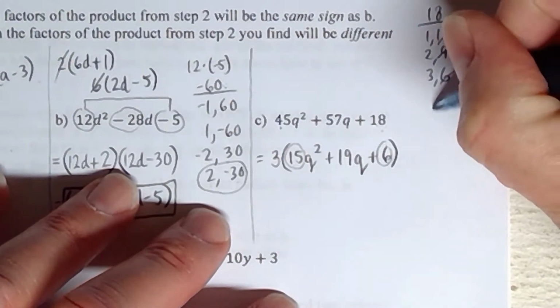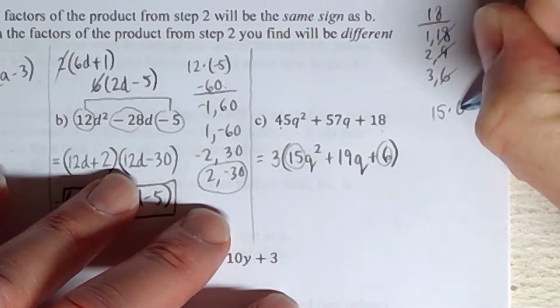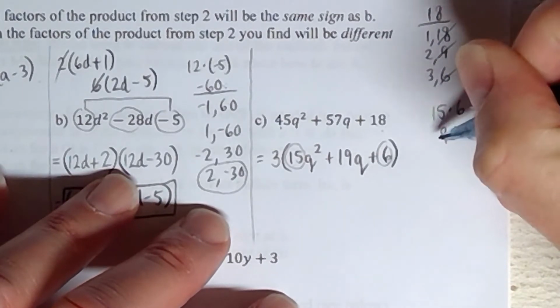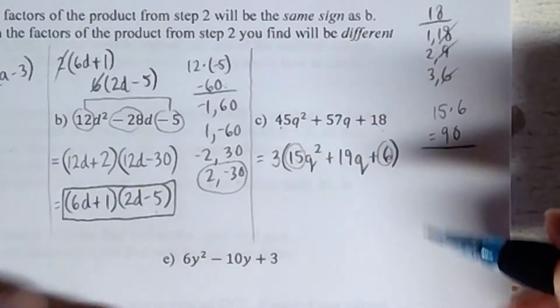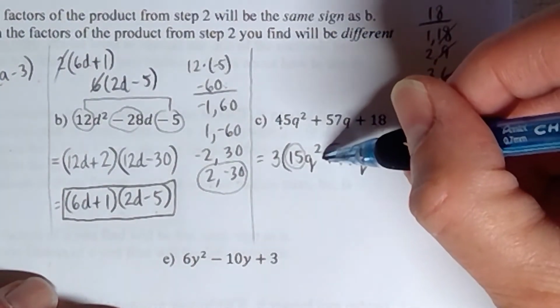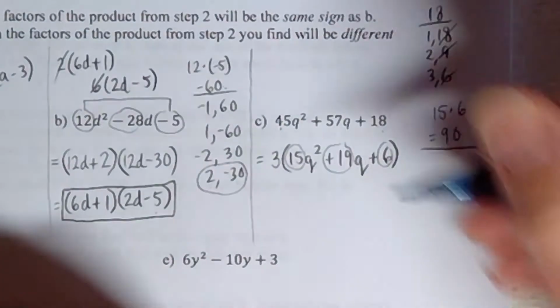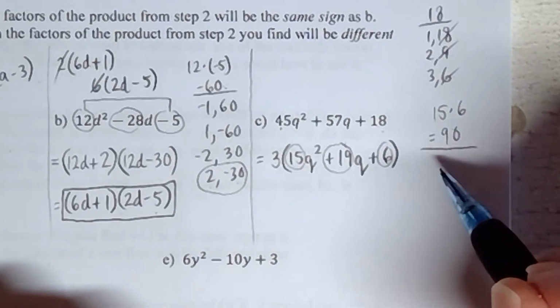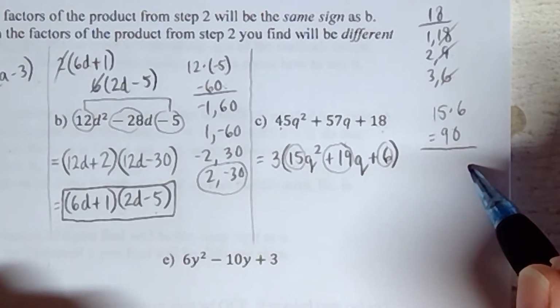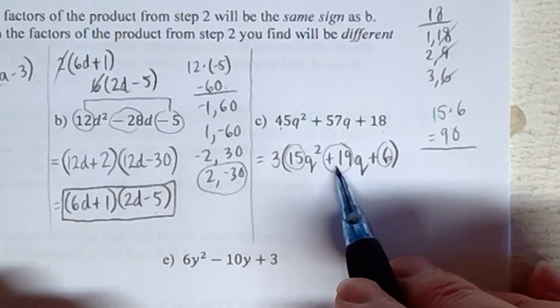What is 15 times 6? 15 times 6, again, is 90, just like the first problem, but this one's going to be different because the middle number is positive this time. It's positive 19. Remember what we said, if this number is positive, then it's either going to be negative negative on your pairs, or it's going to be positive positive on your pairs. It all depends on the middle.